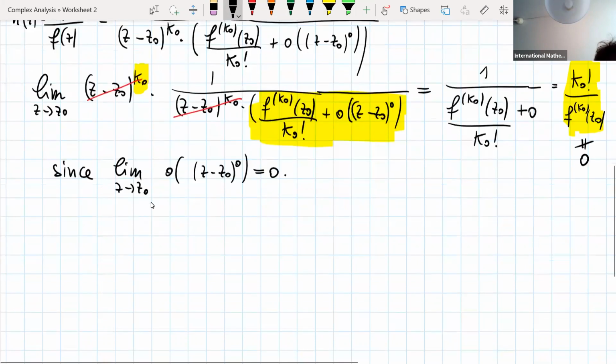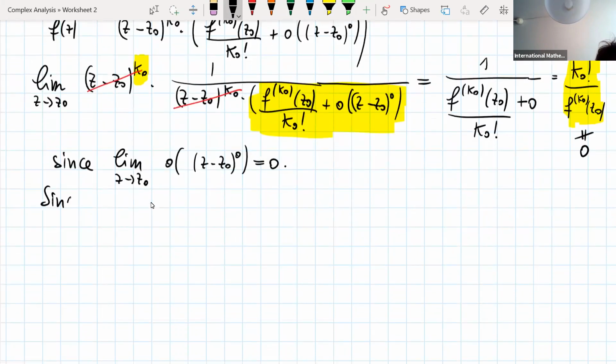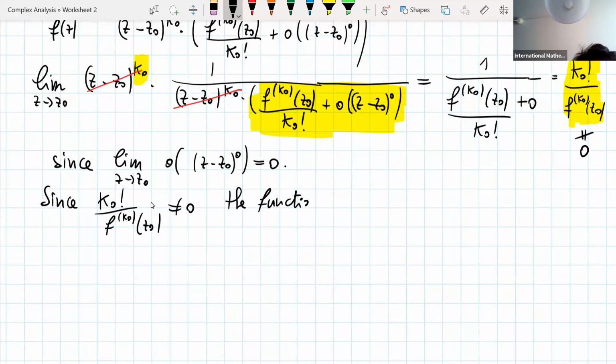So since k0 factorial divided by f^(k0)(z0) is different from 0, the function 1 over f(z) has a pole of order k0.